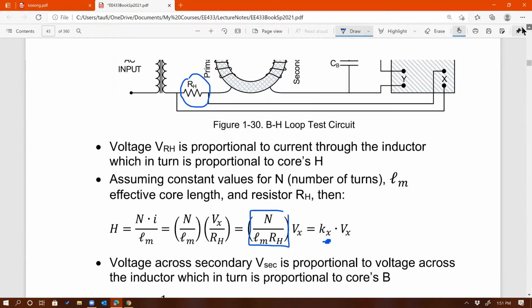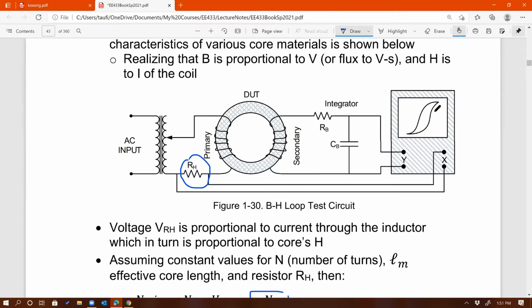And by the way, when you are plotting these Vx and Vy, make sure that you do an XY plot, right? XY plot setting. And you can do that in the oscilloscope. You can set the display to do an XY plot.